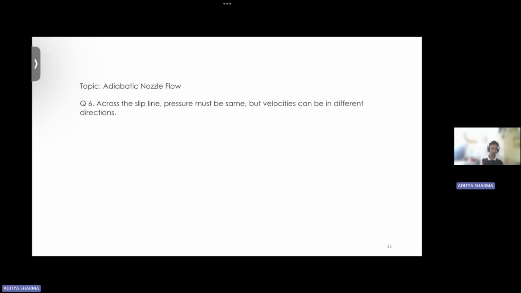In these topics, we studied this concept of slip line.